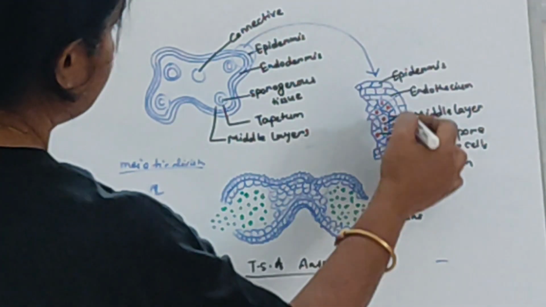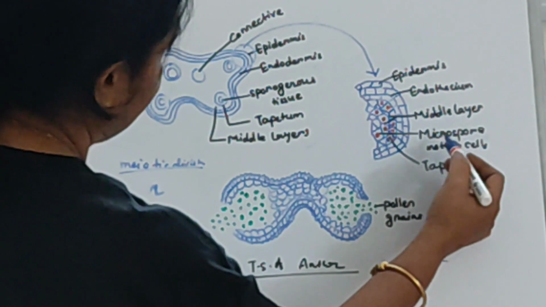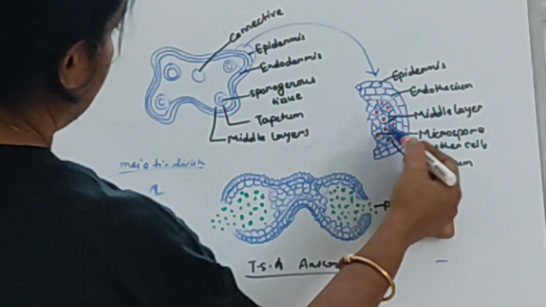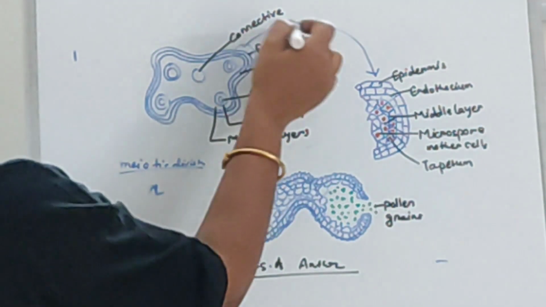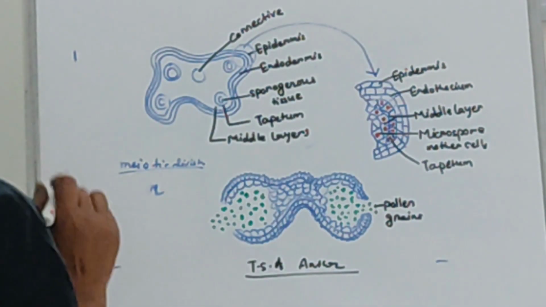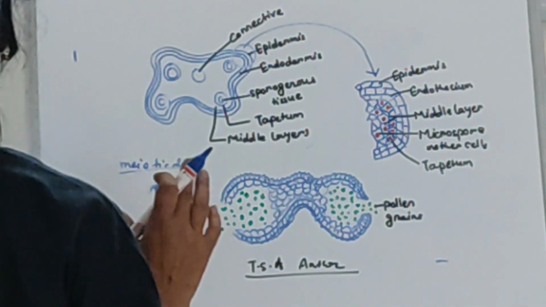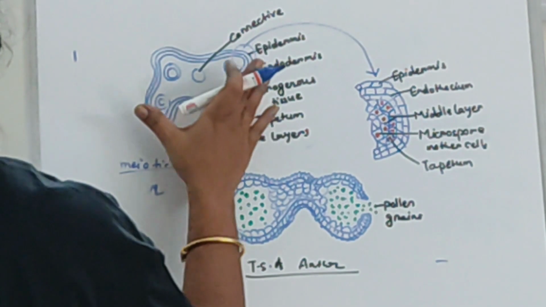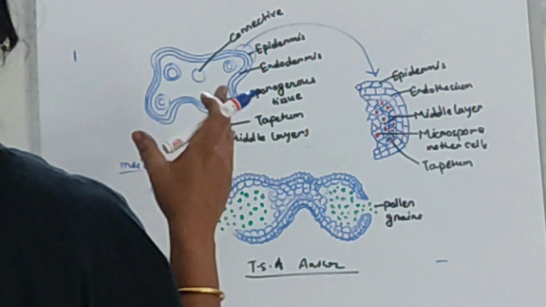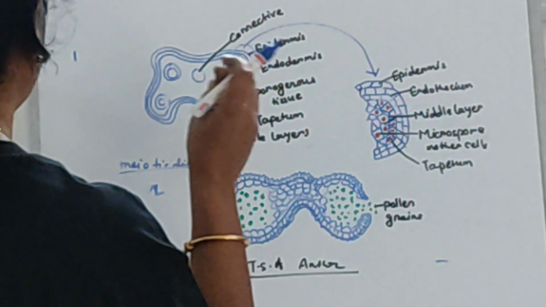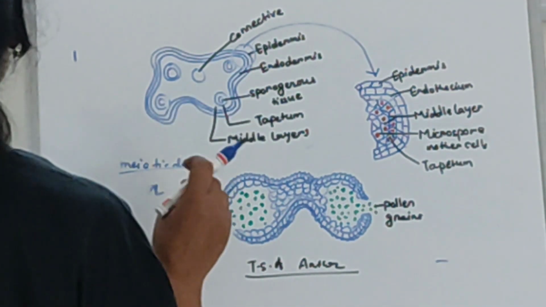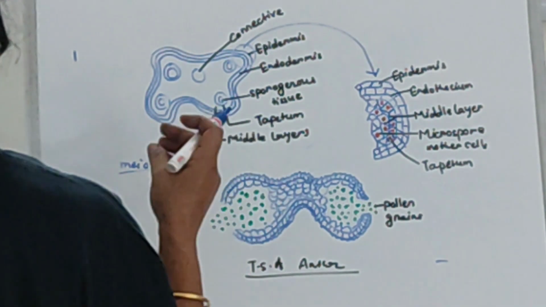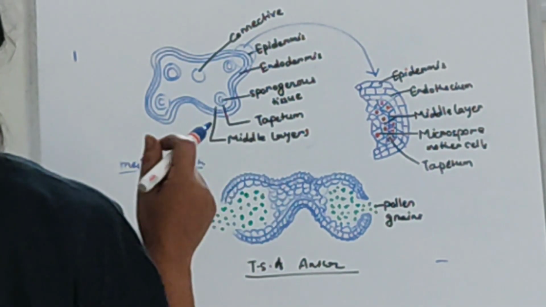You can see here the enlarged structure: epidermis, endothecium, middle layer, microspore mother cell, and tapetum. You can see the microspore mother cell. Each sporogenous cell is capable of giving rise to a microspore tetrad, and each one is a potential pollen or microspore mother cell, MMC.